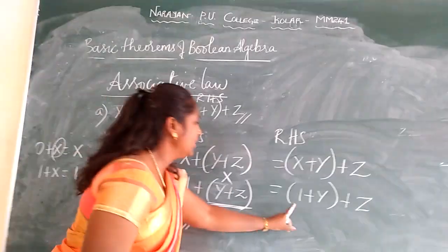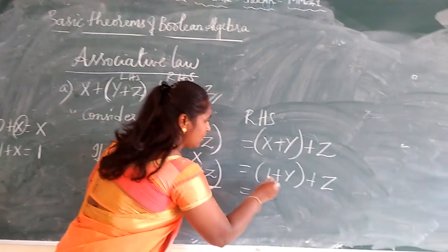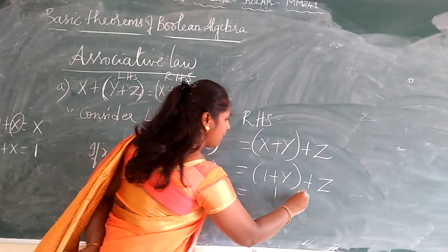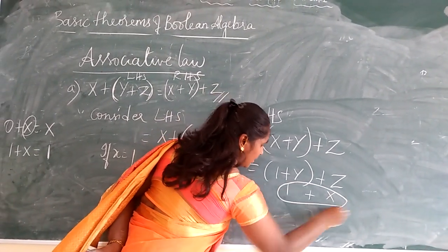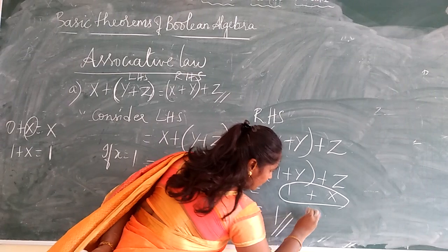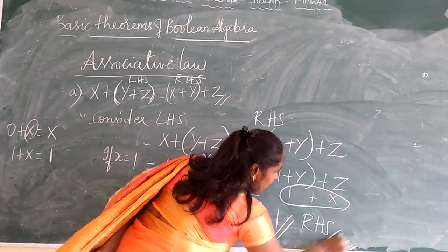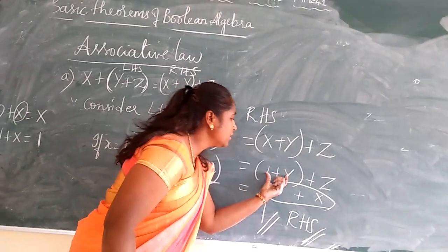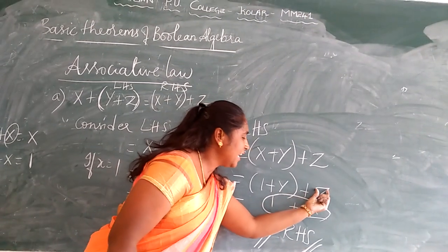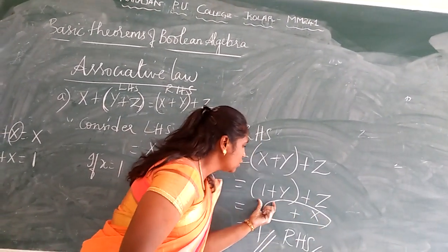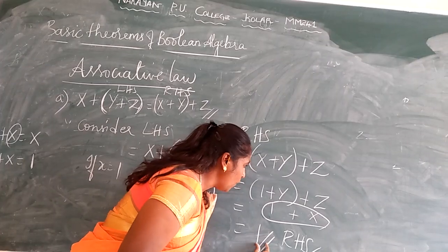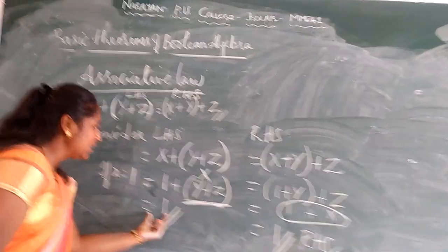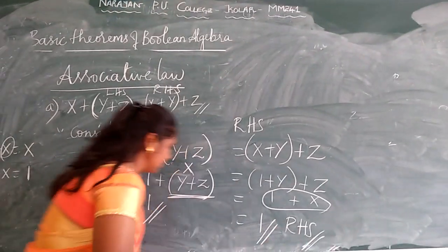So that is nothing but 1. Here 1 plus y plus z holds the form 1 plus x, which is 1. So here LHS equals your RHS.